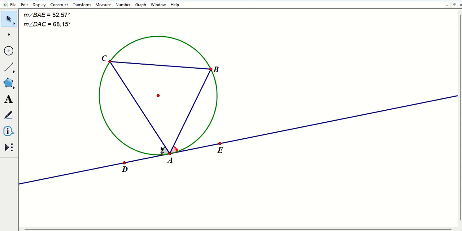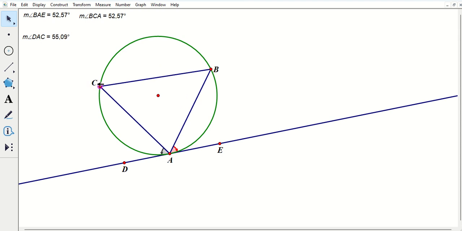So I have the angle C, which is subtended by AB. So if I measure the angle C, it's also equal to 52.57 degrees.